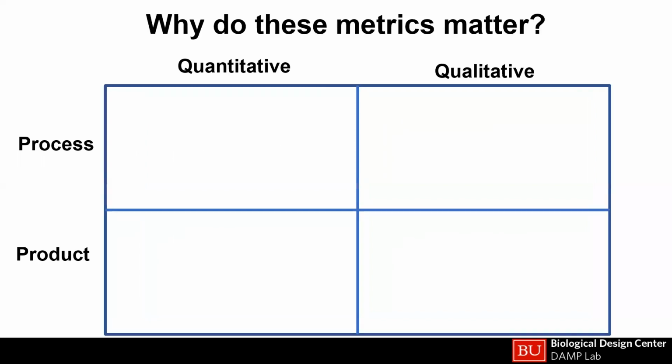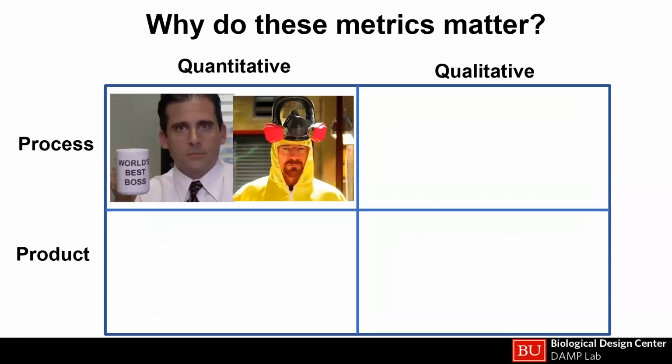Going back to our Michael Scott, Homer Simpson, and Walter White example, I thought, why do these metrics matter, and to whom? I think it's important to consider all of these. Quantitative metrics about the process, like how much does it cost and how long does it take, affect leadership and the customer, primarily.